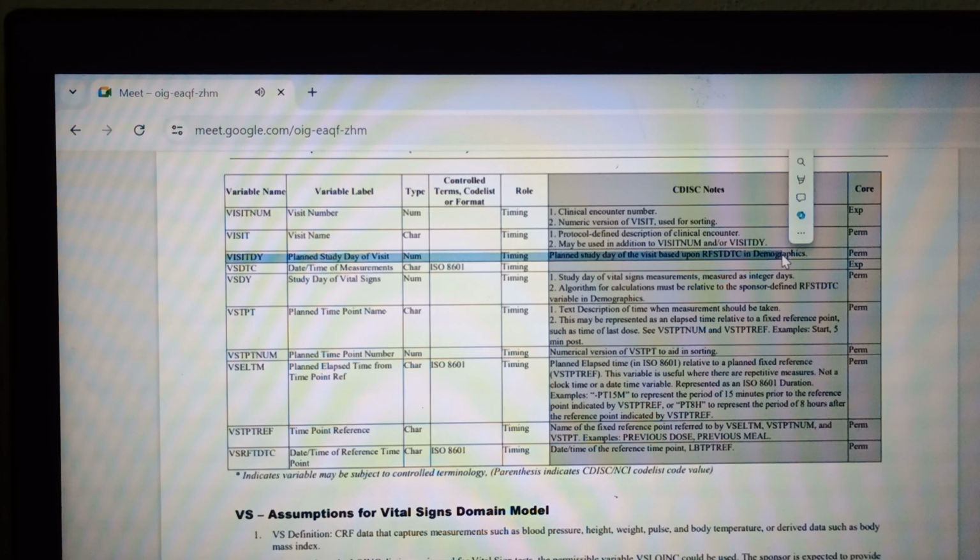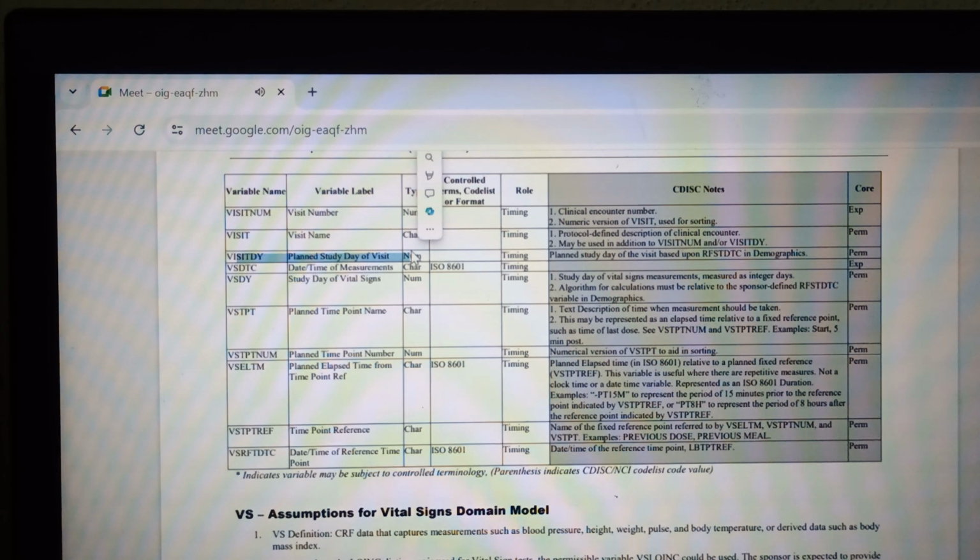Likewise, we will have different time intervals for each visit. For example, visit day for the screening visit is minus 14, for visit 1 the visit day is 1, visit 2 after 1 week means it's 7, visit 3 after 2 weeks means it's 14. So that is the planned day. But the actual might vary, and that will come under SV, subject visits.